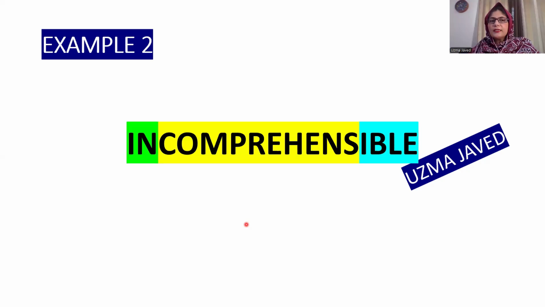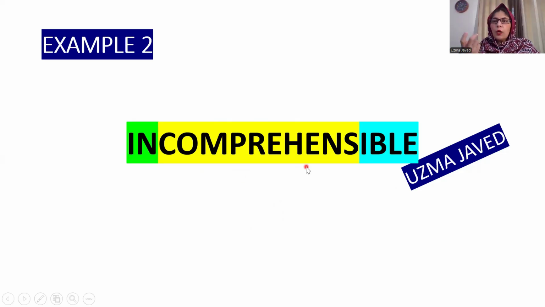Now let's look at the second example. The word is incomprehensible. The same formula: green color represents the prefix, the hazel green color or the blue color, you can say, represents the suffix, whereas the yellow color represents the root word. So comprehension or comprehensible, comprehend is the root word, to comprehend something.